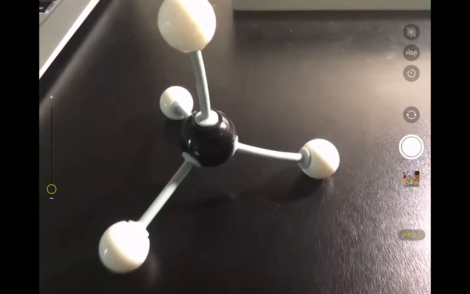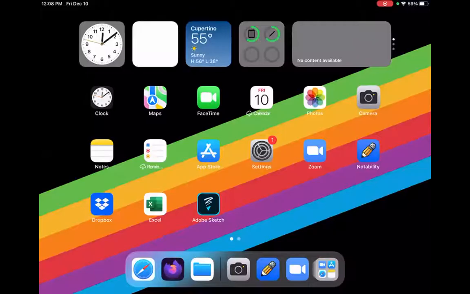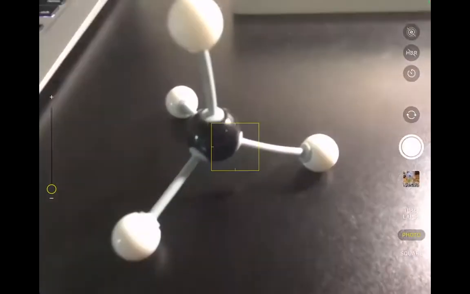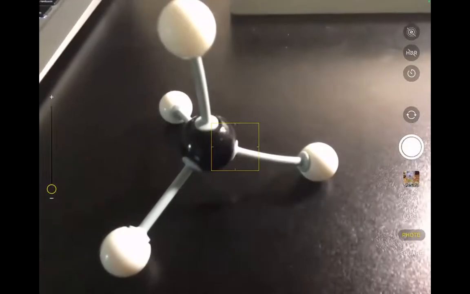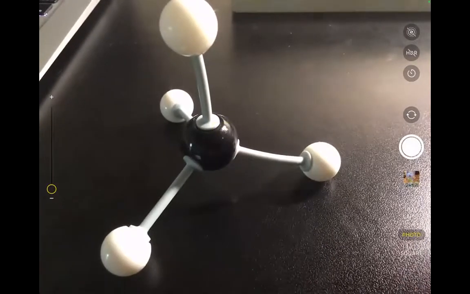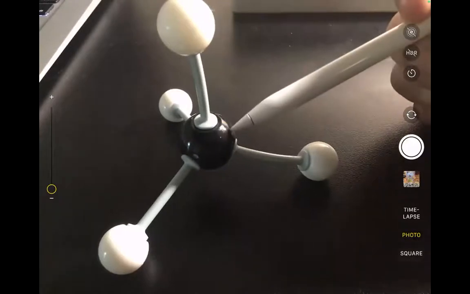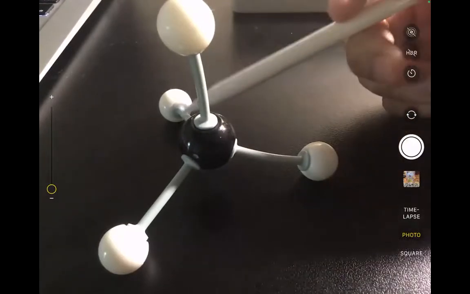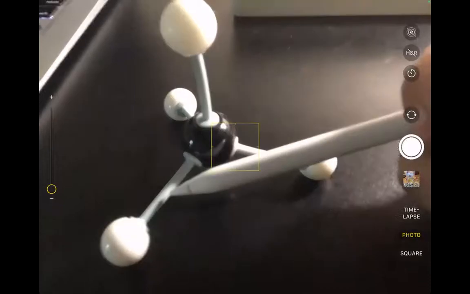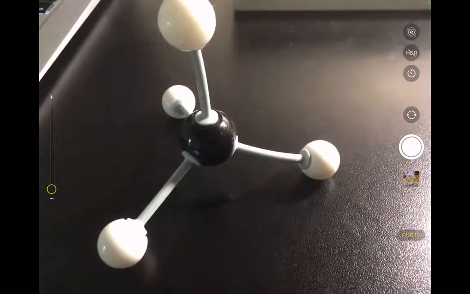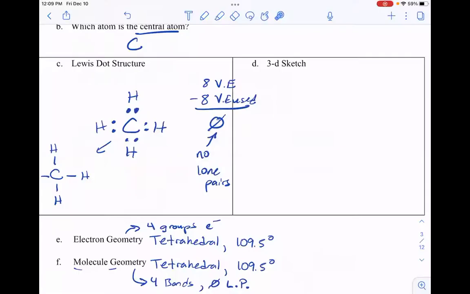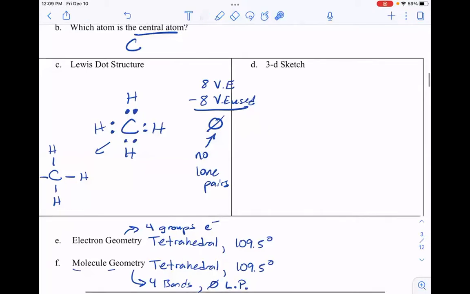Okay. And so this is the depiction that I'm going to use, where these two hydrogens are normal because they're in the same plane as this carbon, this is dashed, and this is wedged. So for my 3D sketch, here's my carbon.